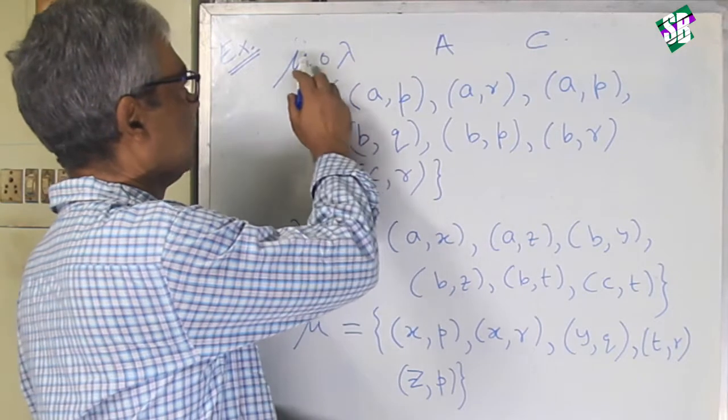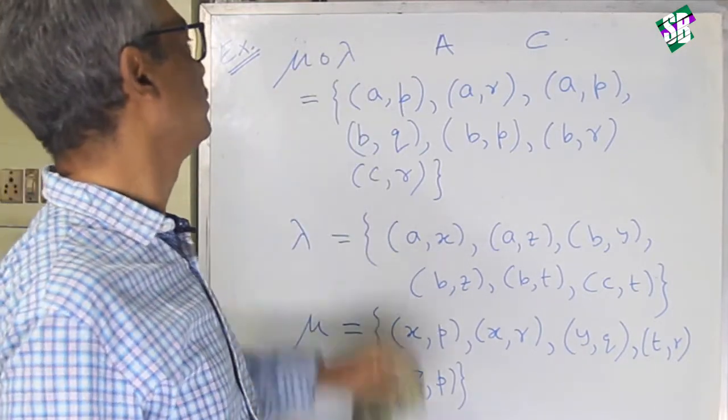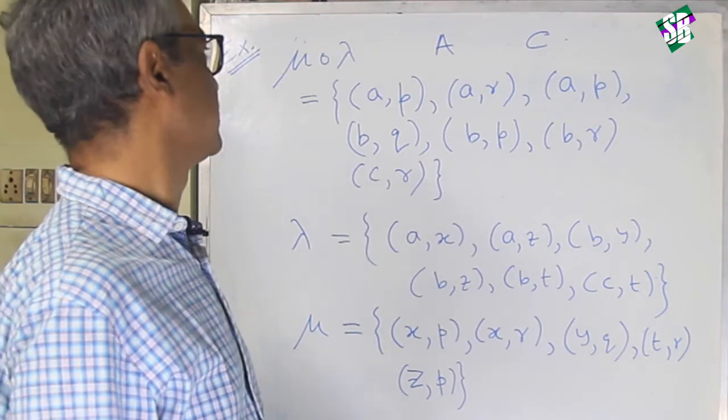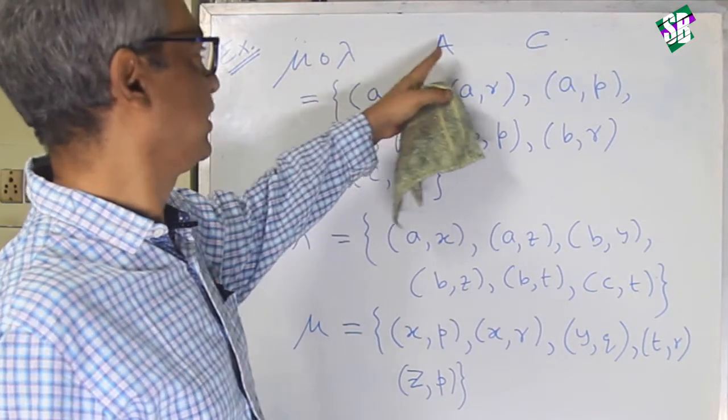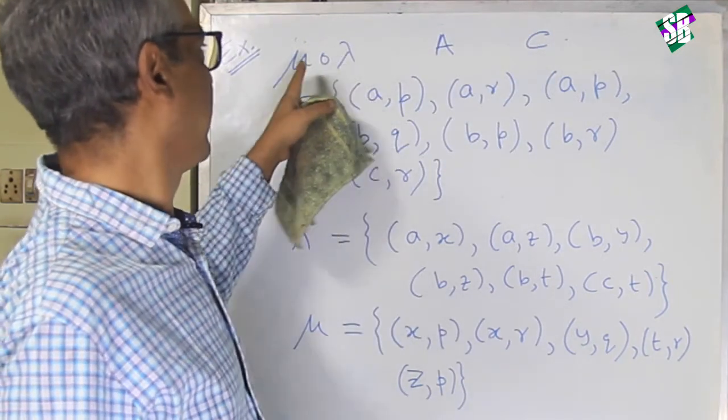We have defined mu o lambda, the composition of two binary relations, and it is from the set A into the set C. Can you define lambda o mu?